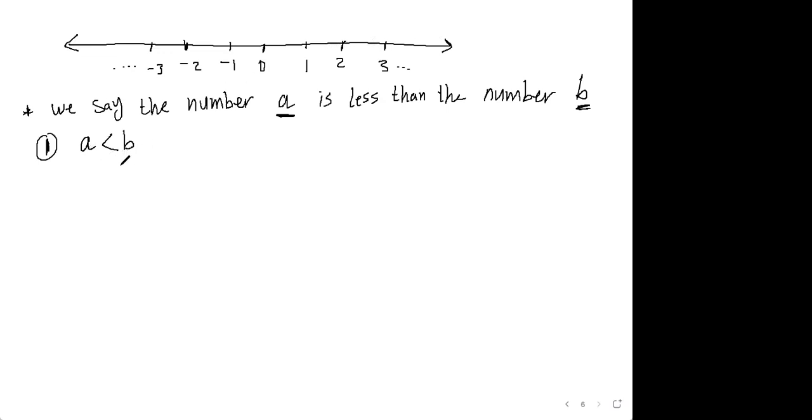Suppose, for example, I choose the number B as 3 and the number A as 1. Look, the number 1 is lying on the real line to the left of 3. Open circle at 3. So this is 1, and this is 3.